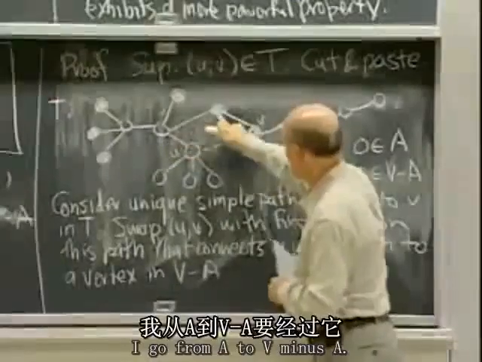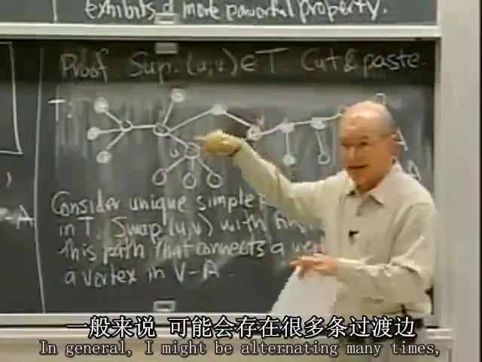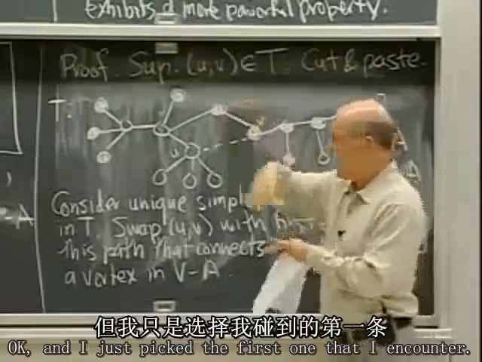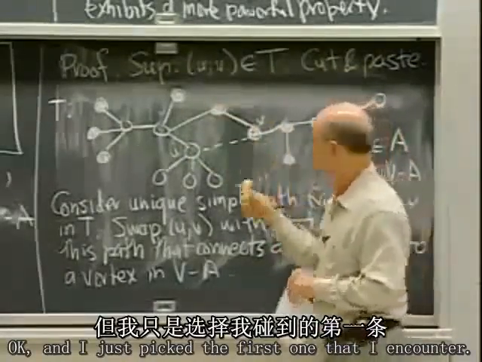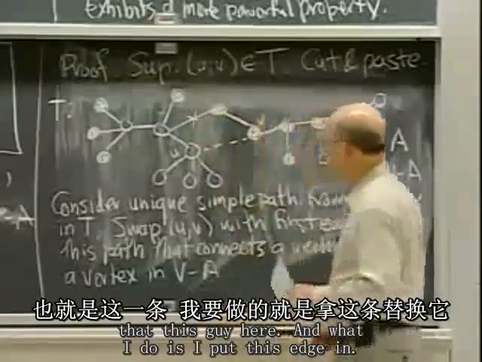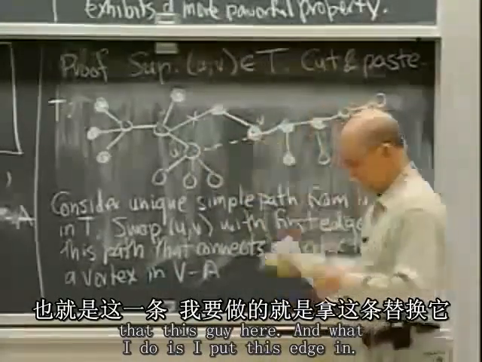I go from A to V minus A. In general, I might be alternating many times, and I just pick the first one that I encounter. So that's this guy here. And what I do is I put this edge in.